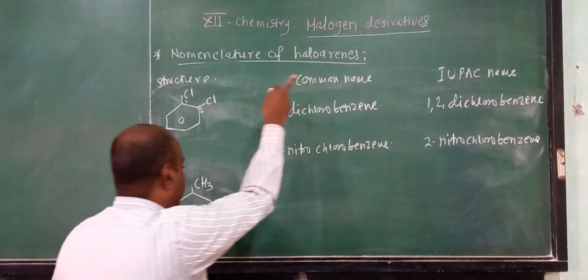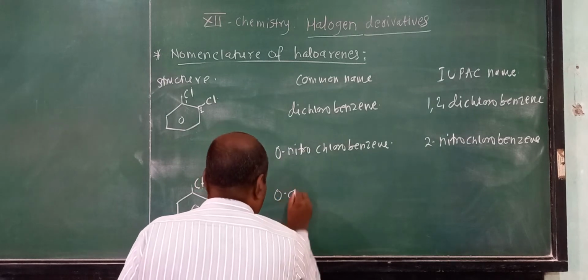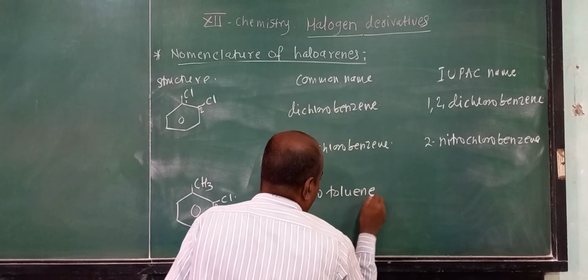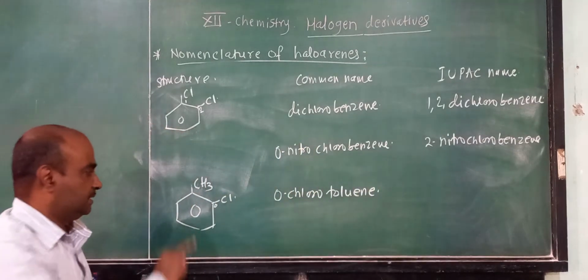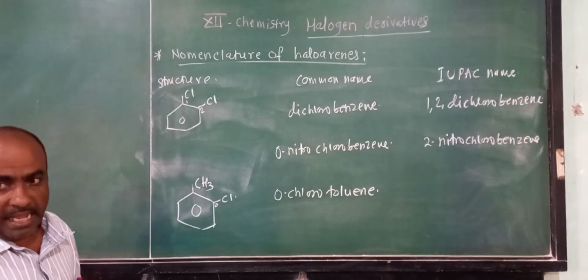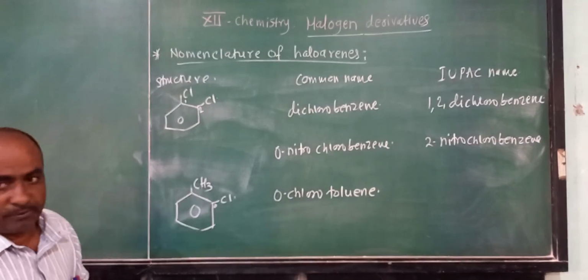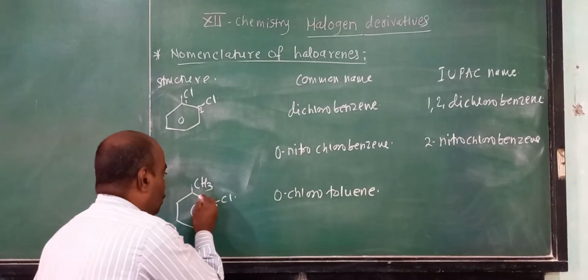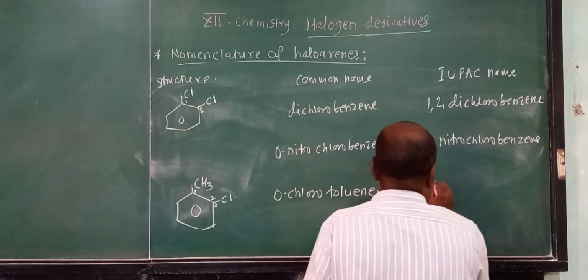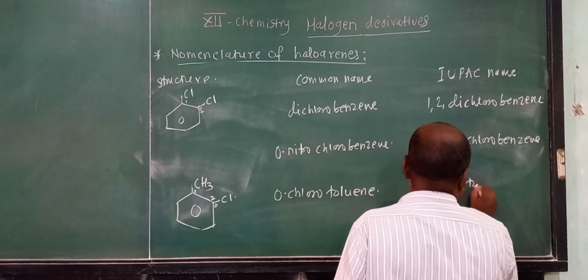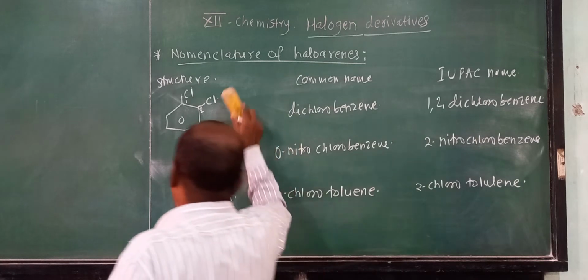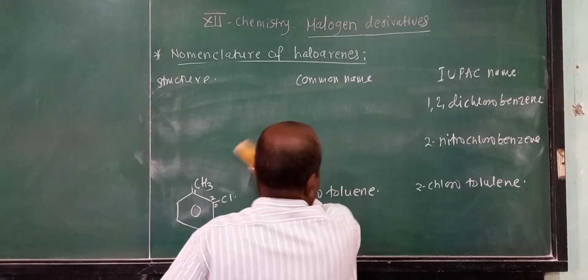So the common name is orthochlorotoluene, or sometimes written as orthochloromethylbenzene also. The IUPAC name of that compound will be 2-chlorotoluene. This will be carbon number 2.